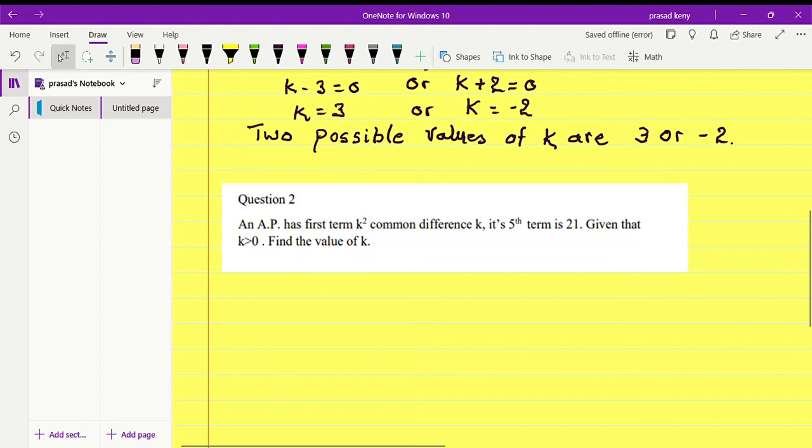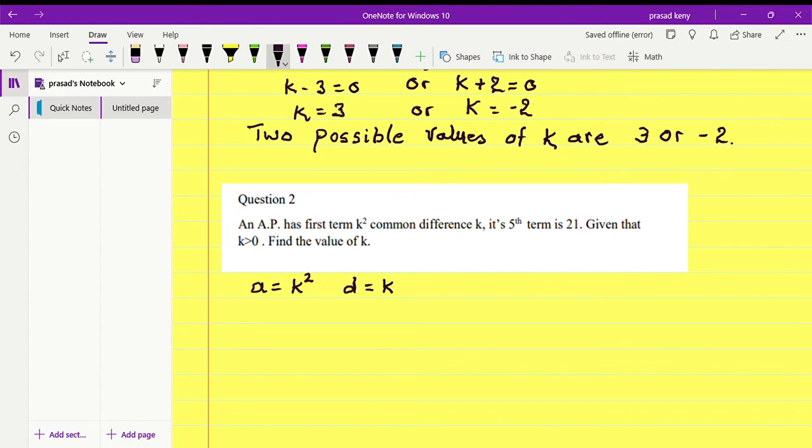An AP has first term k square. That means it is given that A is equal to k square. The common difference is k. That means D is equal to k.